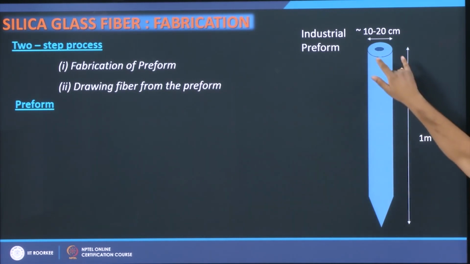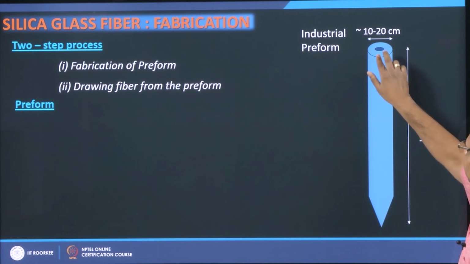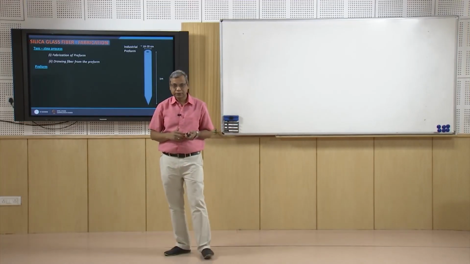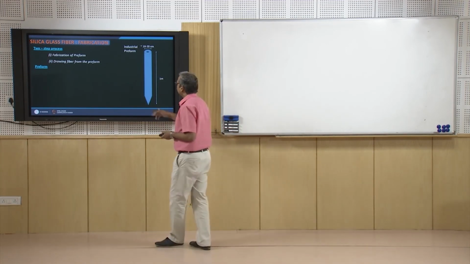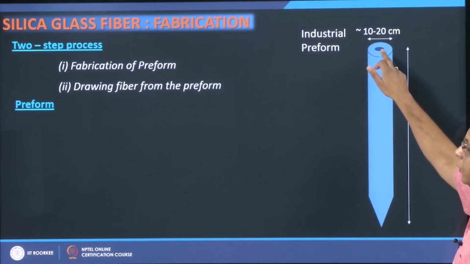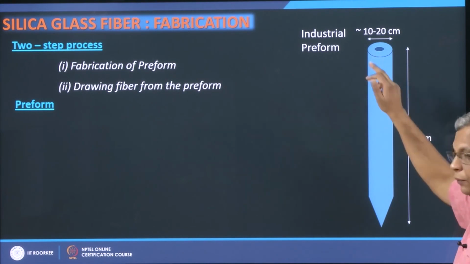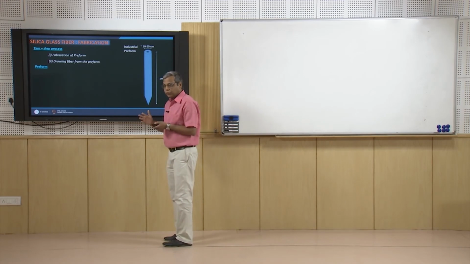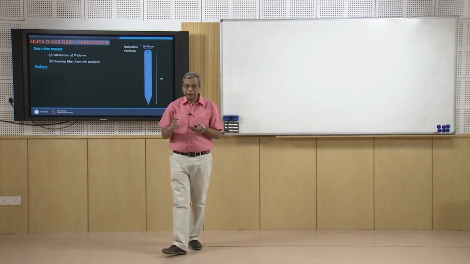So there it is preferred to use pure silica glass fiber. But we will concentrate on telecom fiber in the usual environment. So we will concentrate on germanium doped core and pure silica glass cladding.